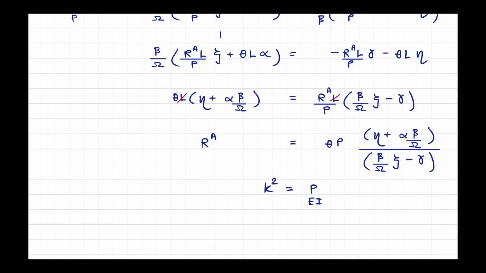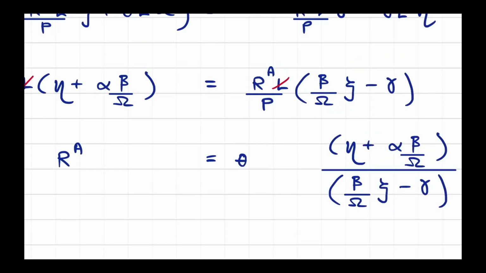So P is equal to K square EI. I'll be replacing P by this K square EI, right? So P is gone. K square EI, I put it here instead of P. Well, we are about to write the reaction force R in terms of theta.